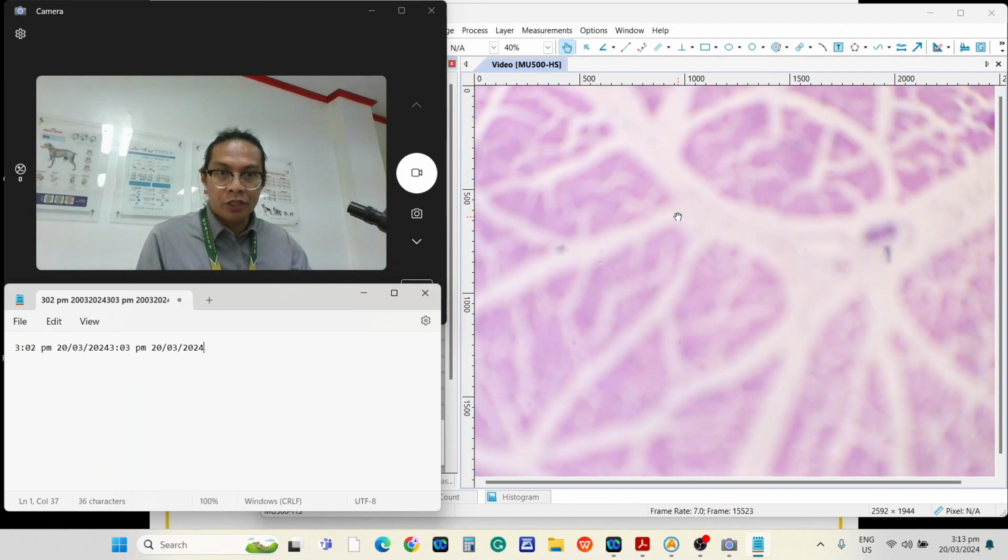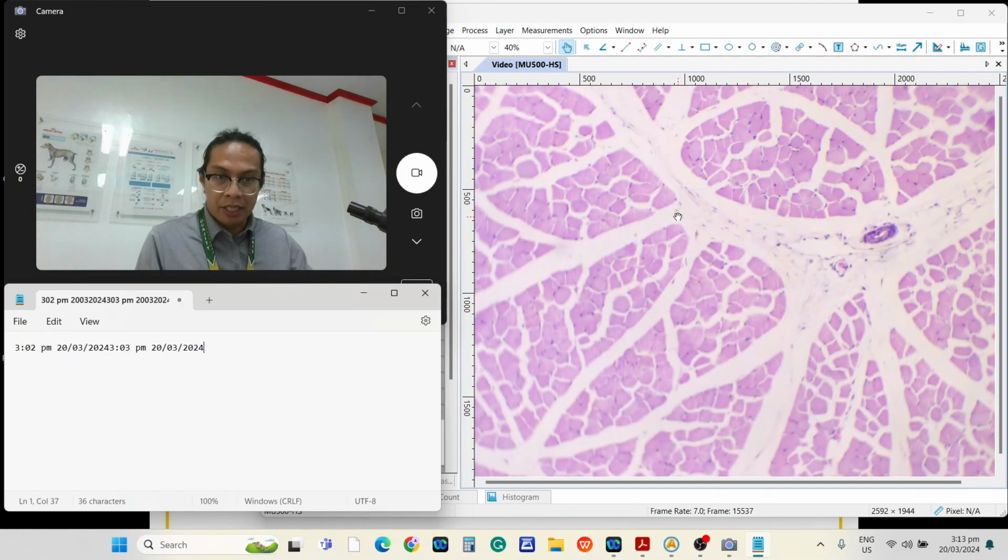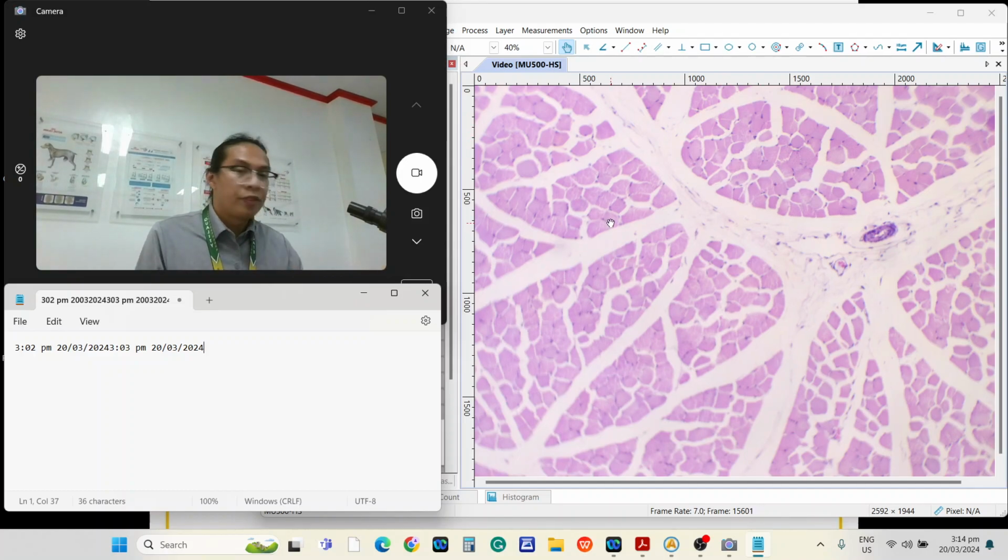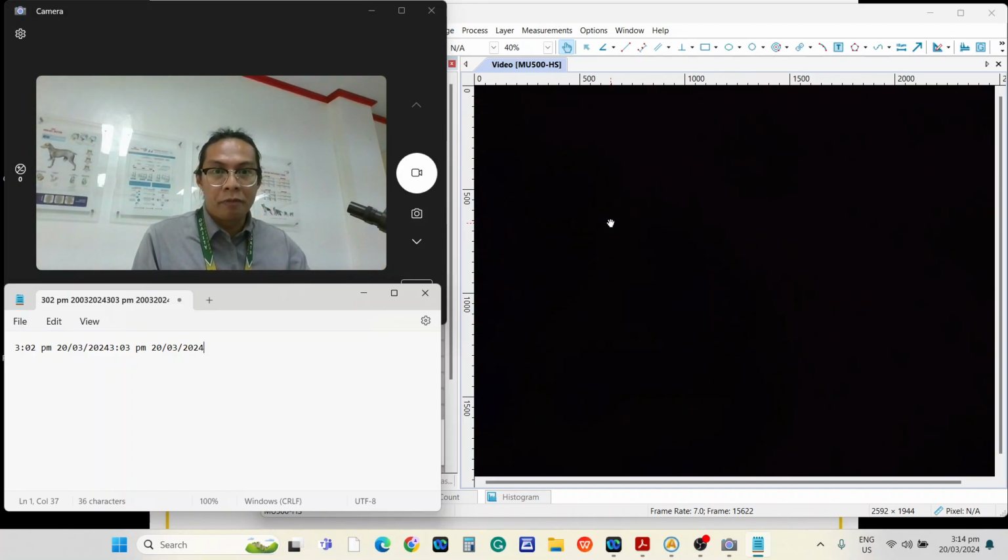Okay, let's look at the cross-section deeper. The cross-section of the skeletal muscle. Again, ma-appreciate natin na ang nuclei ay nasa periphery. Okay? Let's look at it deeper.